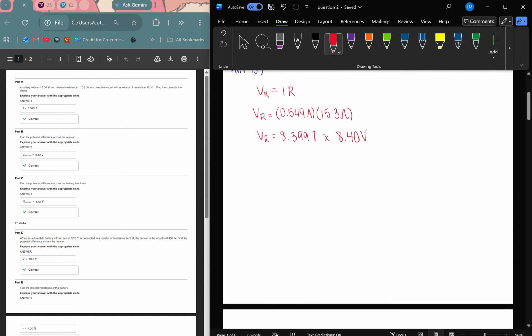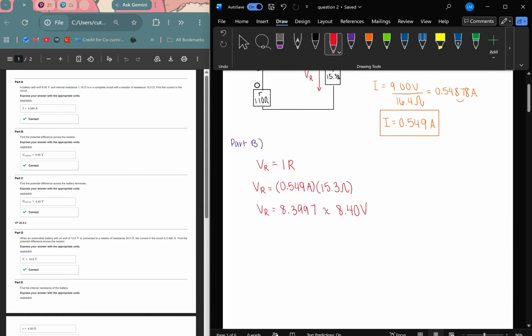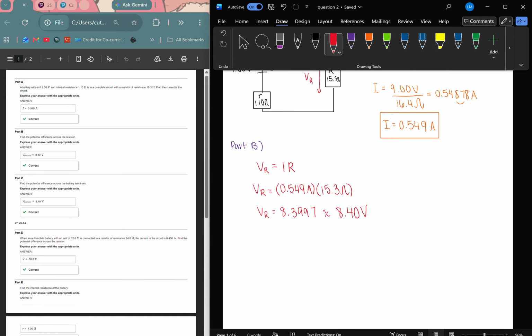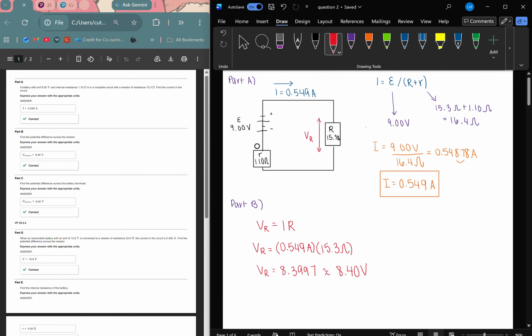And so now we're going to do part C. So let me read part C. Okay, so for part C, we're also using the same diagram up in part A. Part C, find the potential difference across the battery terminals.